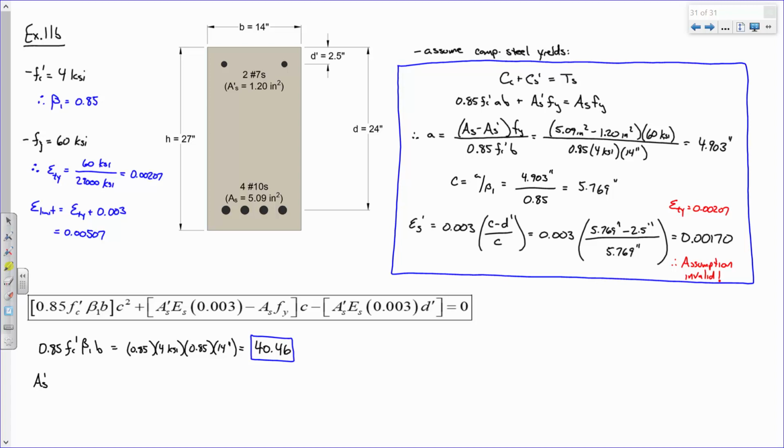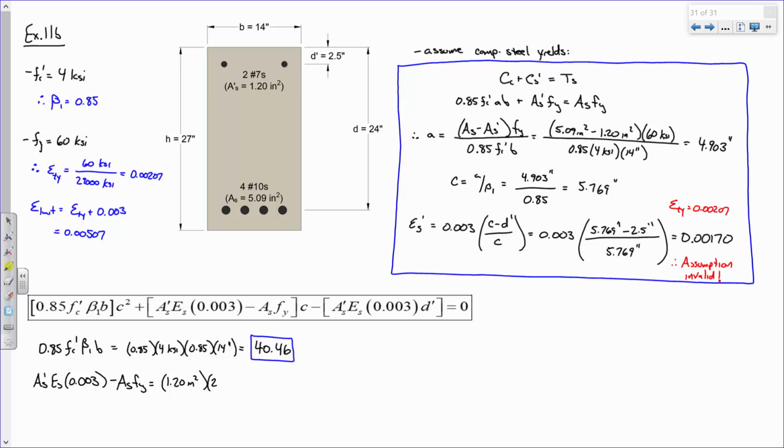A's' Es times 0.003 minus As fy equals, so 1.20 inches squared. What's Es? 29,000.